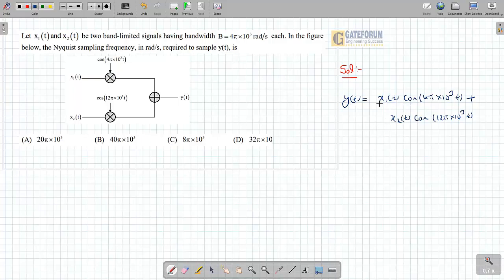The maximum frequency of each of these terms will help you find the maximum frequency present. So we know that when you multiply any signal with a cosine function, the spectrum gets shifted.